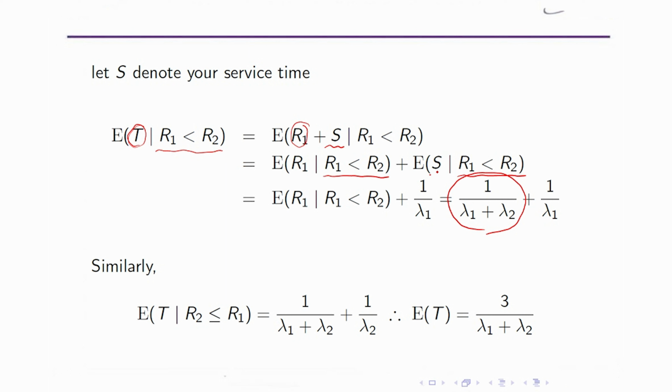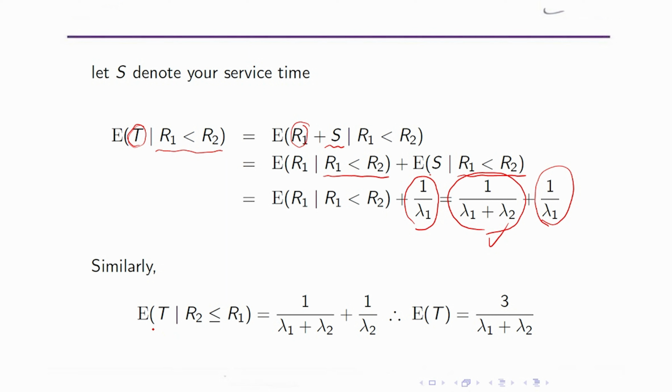So basically the expectation of the service time will be 1 over lambda 1. Now we look at why this is 1 over lambda 1 plus lambda 2. Okay, we finish this first.